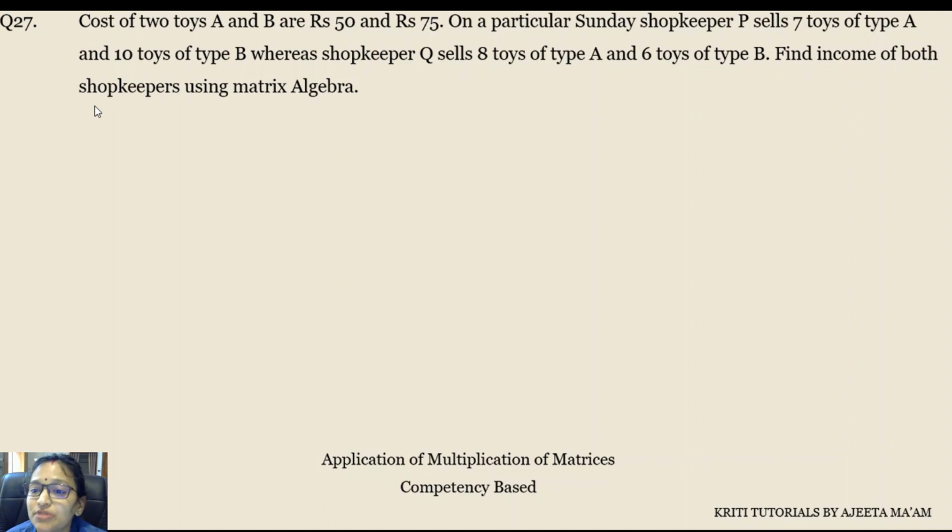If you do this in very simple terms, how will you do it? You will multiply the cost of two toys A and B with their quantities, correct? And you will get the income of both.